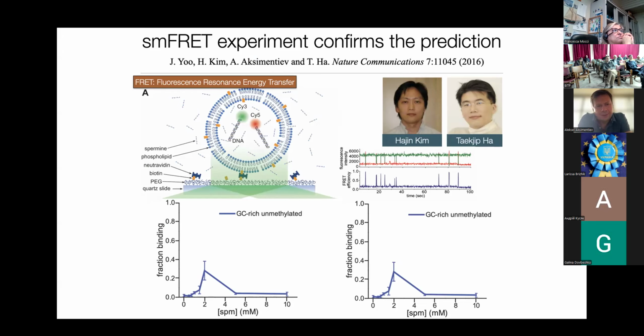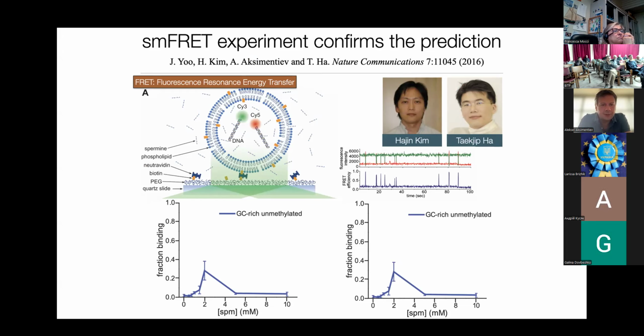His postdoc decided to prove us wrong and made a system where you have two DNA molecules in a small lipid bubble, and the two molecules have two fluorophore dyes. When they come together, they emit FRET, and when they are apart, there's no FRET.